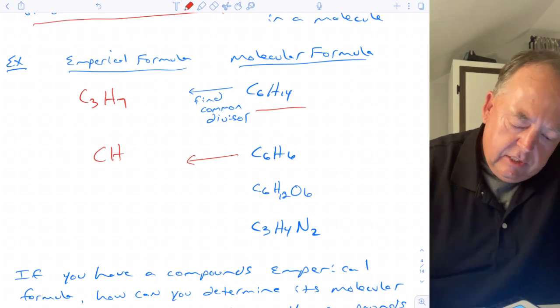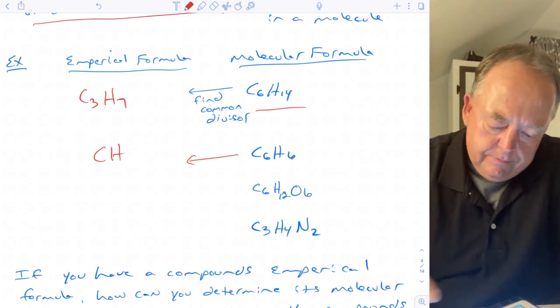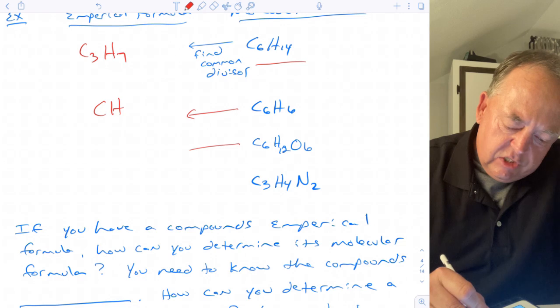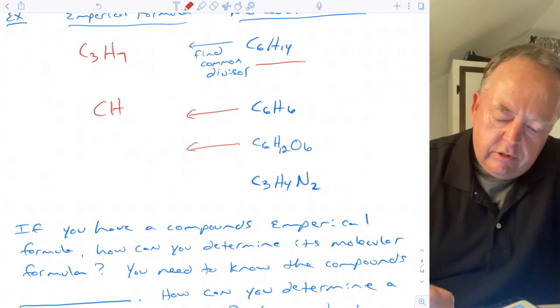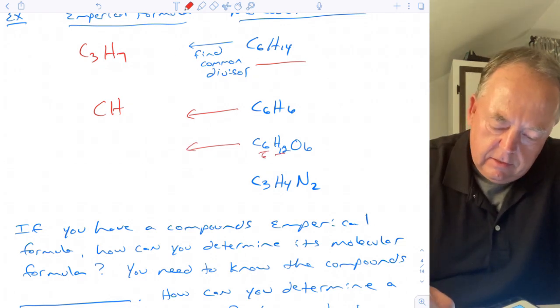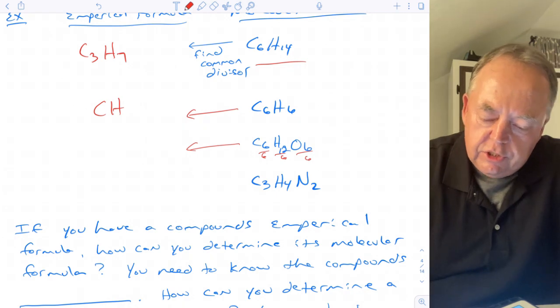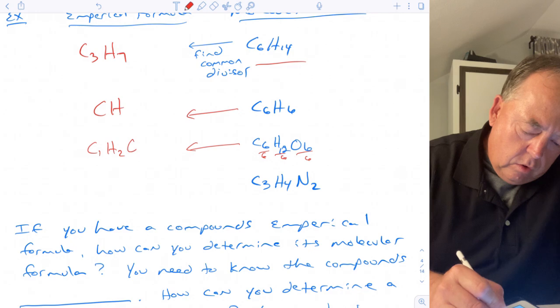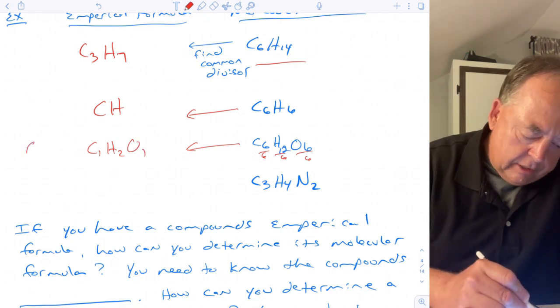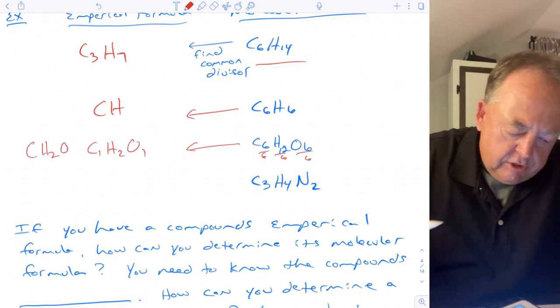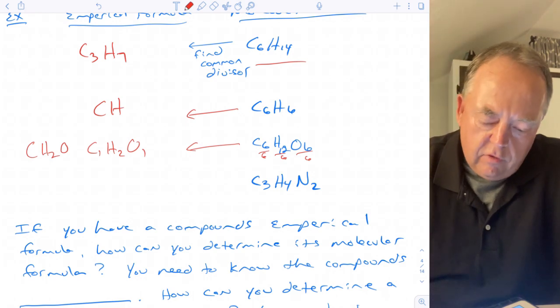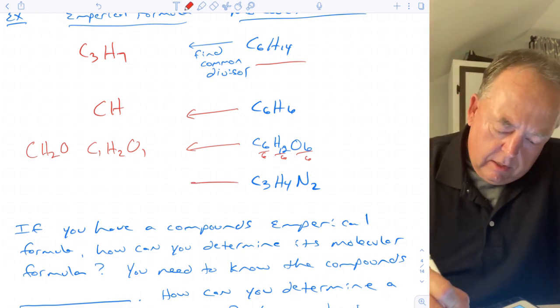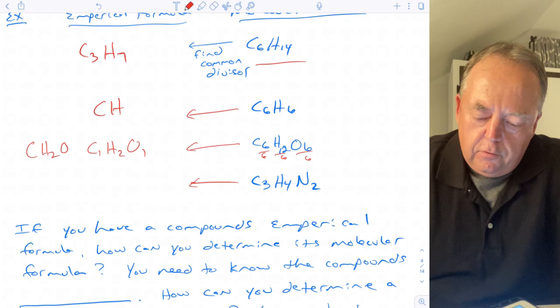So CH would be the empirical formula there. Or C6H12O6, its empirical formula, you divide everything by 6. All right, so you find the largest common divisor, and you would have C1H2O1. Of course, the 1s are typically not shown, so just CH2O would be the empirical formula there. Okay, so how about this one, C3H14O2?